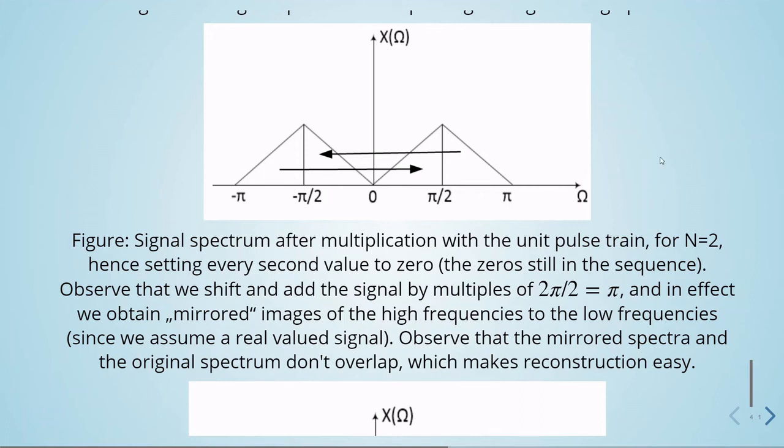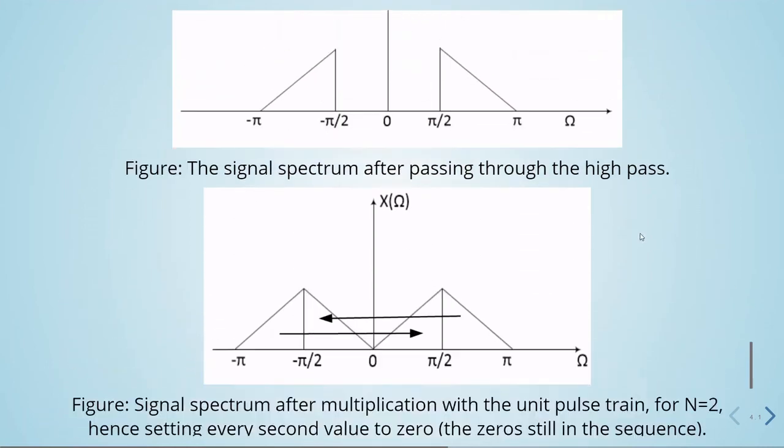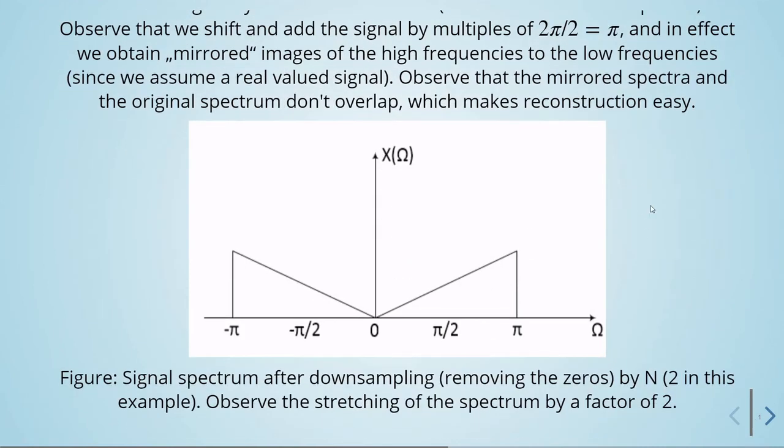We are assuming we have a real valued signal. Observe that the mirrored spectra and the original spectrum don't overlap, which makes the reconstruction easy. This is the signal spectrum after downsampling, removing the zeros by N. In this example, N is equal to 2, and we can observe the stretching of the spectrum by a factor of 2.